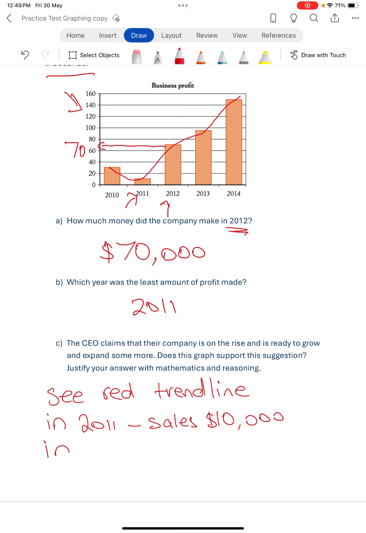And because it asks for mathematics and reasoning, as obvious as it is, I'm just going to quite literally spell out what's happening. So in 2012, we said there was about $70,000. And I'm just going to jump straight to 2014 because I'm running out of space here. We're about $150,000.